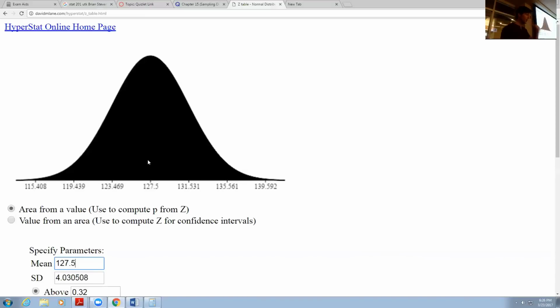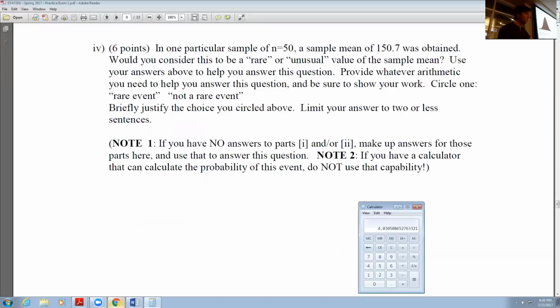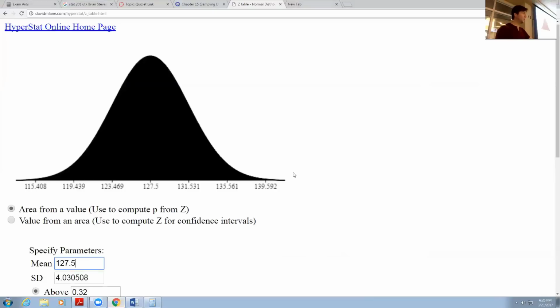And then you could view that in our sample we had 150.7. Is that unusual? If you were to draw this graphic out, you could easily state that 150.7 is more than 3 standard deviations away.